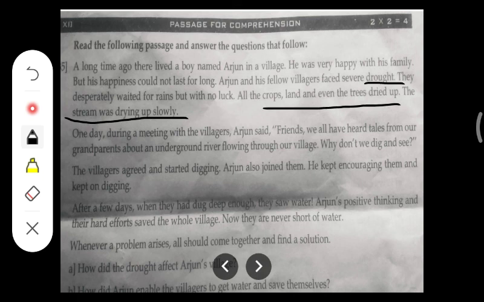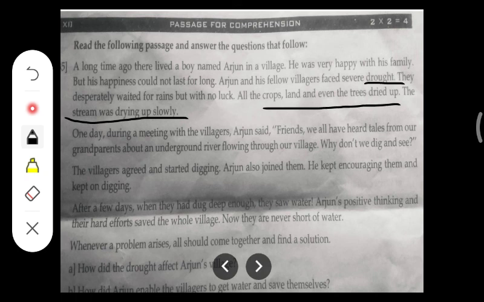How did Arjun enable the villagers to get water and save themselves? One day during a meeting with the villagers, Arjun said, "Friends, we all have heard tales from our grandparents about an underground river flowing through our village. Why don't we dig and see?" The villagers agreed and started digging.